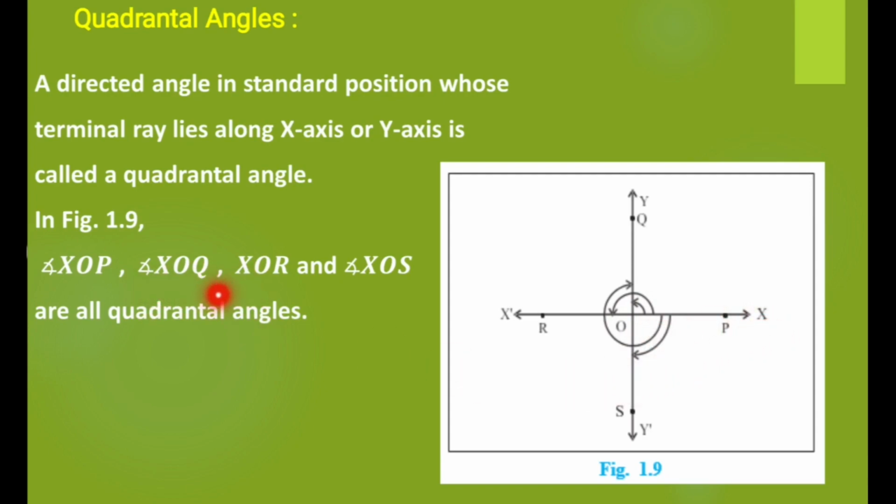Then XOQ. Now the initial arm is OX and the terminal arm is OQ, and this OQ lies along the y-axis, and for a quadrantal angle we require the terminal arm along the x-axis or y-axis. Now this OQ is on the y-axis, so angle XOQ is also a quadrantal angle. Then XOR.